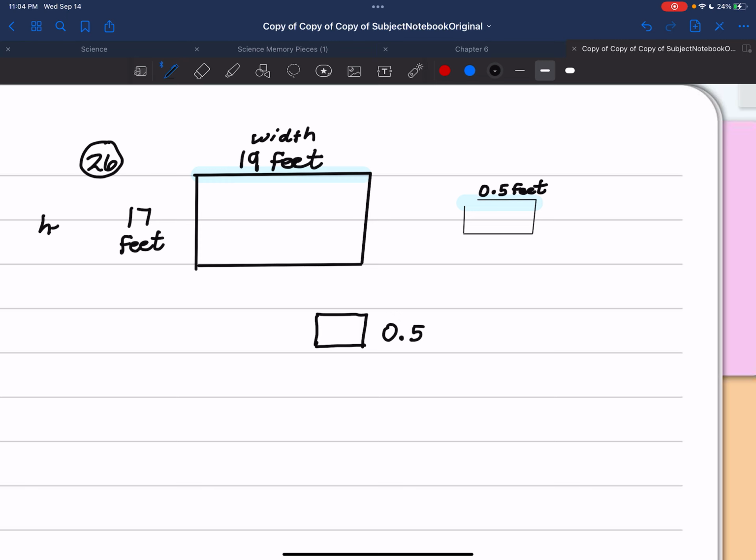This is the height. So this is what the scale factor will represent. So I need to go from 19 down to 0.5. So let's do 19 divided by 0.5 and we get 38. So 19 divided by 38 is 0.5.